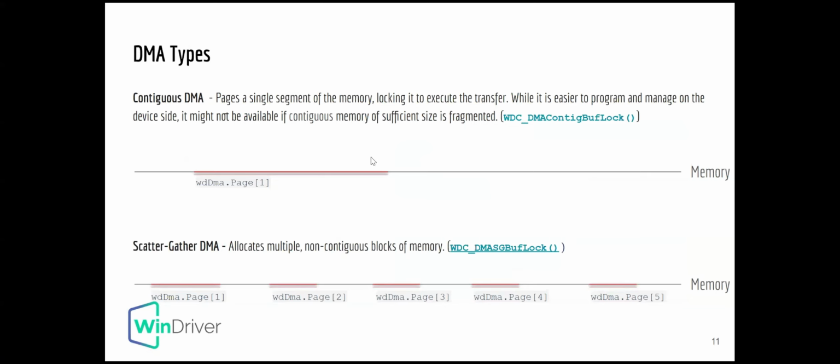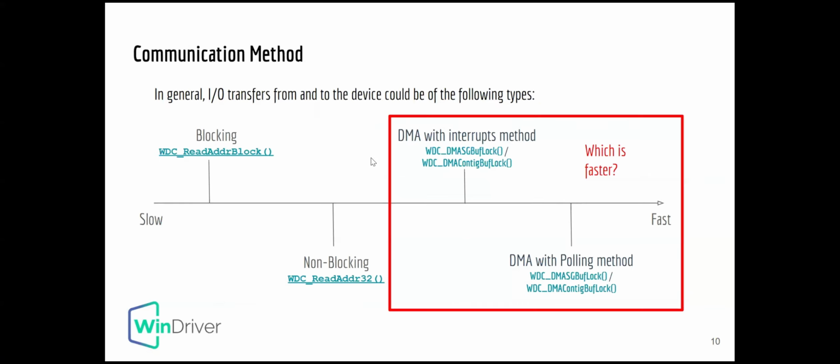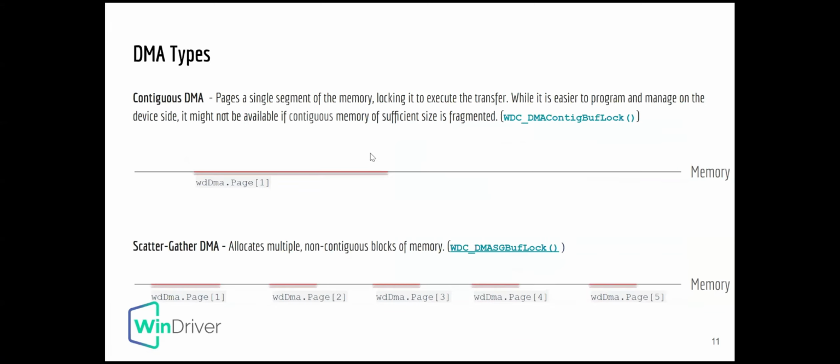Okay, so we talked about how the CPU is involved in the DMA. There is another question when you plan a DMA: what kind of memory buffer do we want. There are two types of memory buffer.